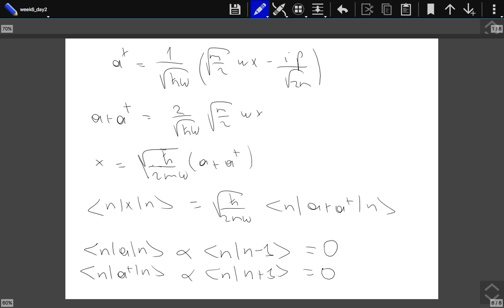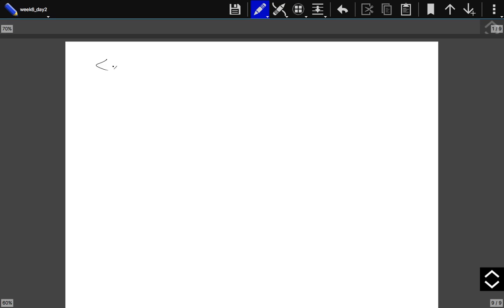It's again 0. Well, we didn't yet fix the proportionality constants, so that is something we still have to study. But basically the idea is the expectation value of x in the nth state will be 0.